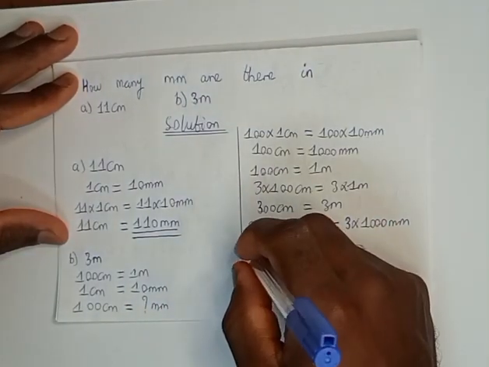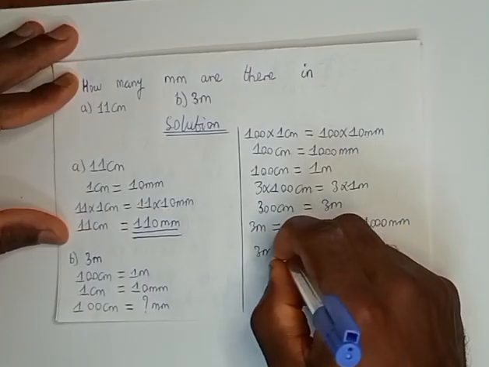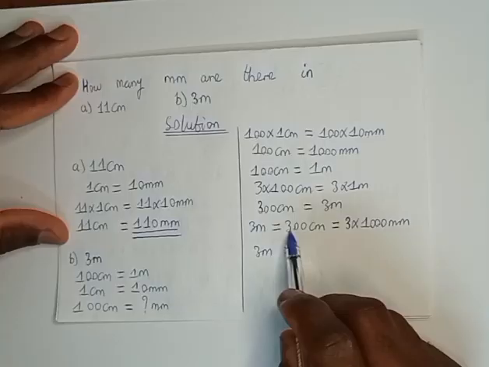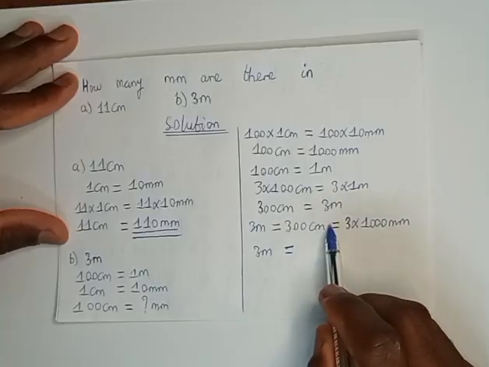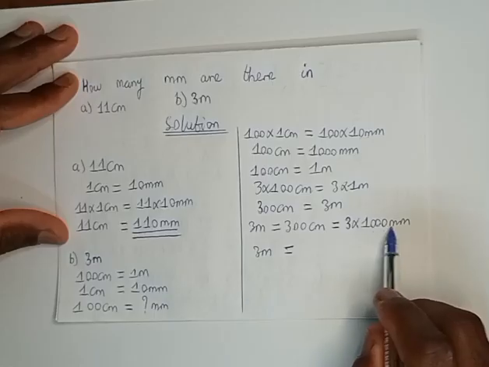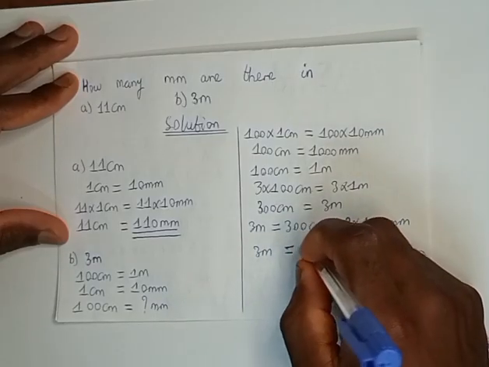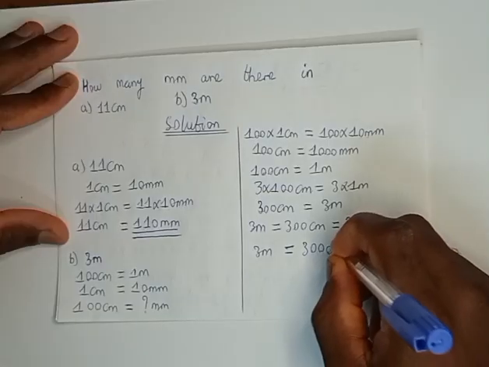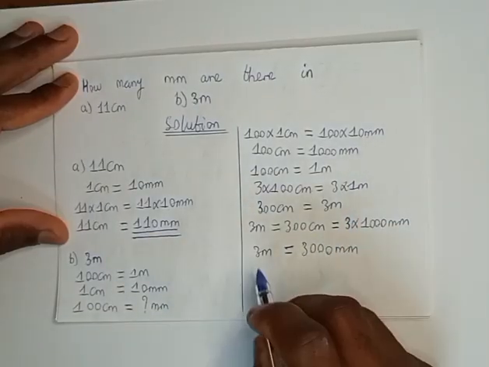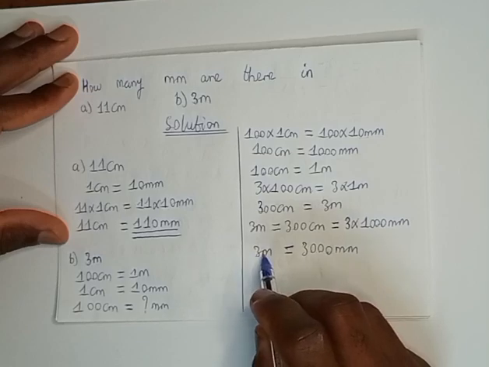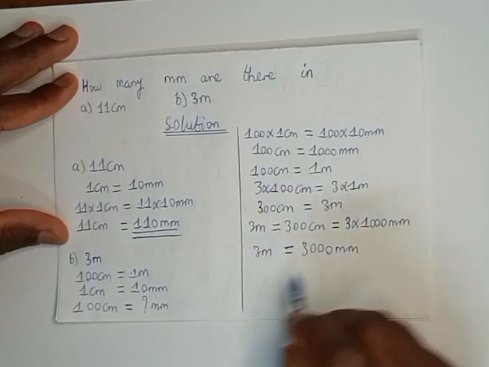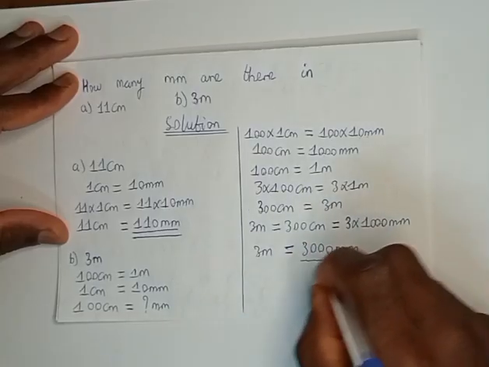And this will simply give us 3 meters equal to 300 centimeters, which is equal to 3 times 1000 millimeters, which gives us 3000 millimeters. Therefore, 3 meters in millimeters is simply equal to 3000 millimeters.